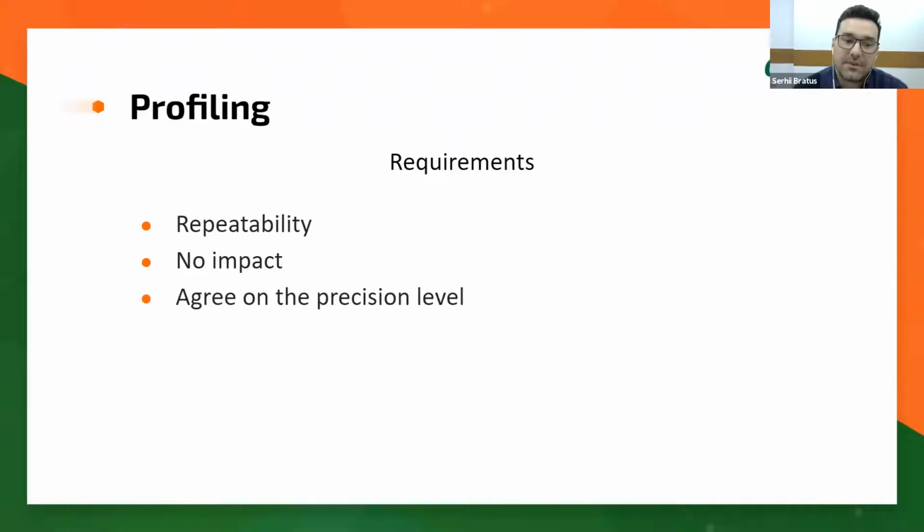Agree on the precision level. This means that when we are measuring something and need to improve something, we should make sure that we understand our system. If we are talking about a system that sends some data once an hour or so, we probably will not measure nanoseconds and try to win those one by one.